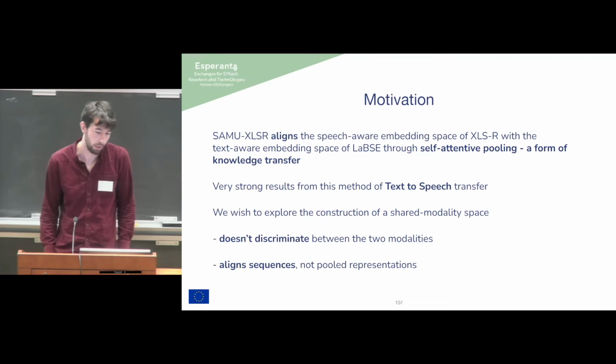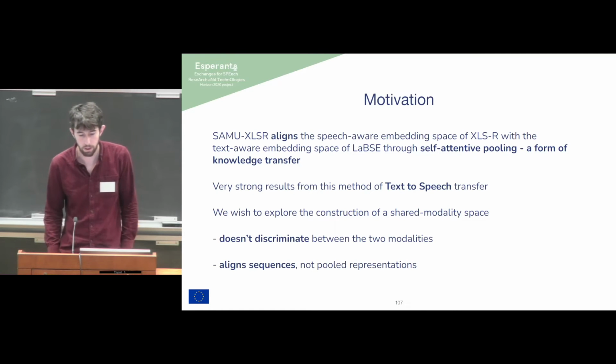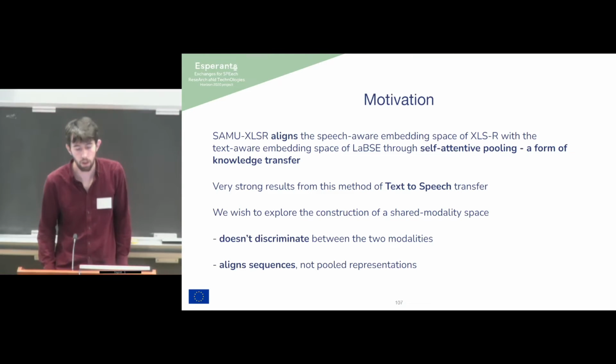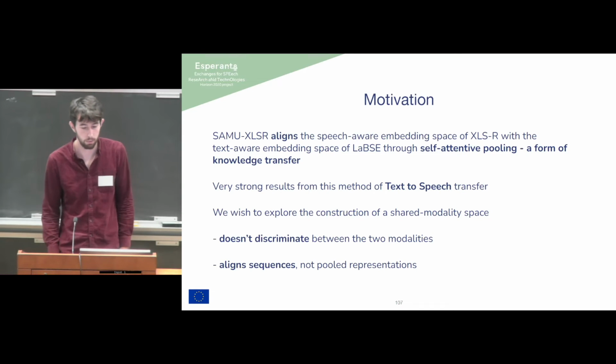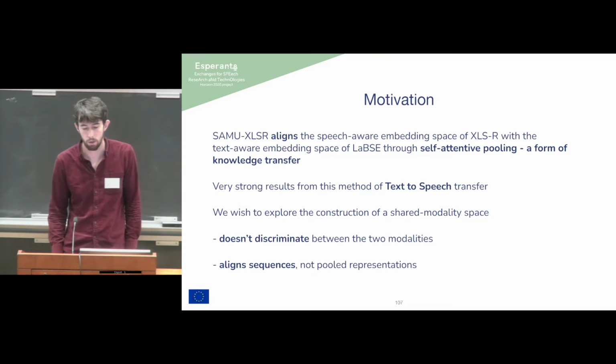So what was our motivation? Well, we were in the analysis group for Esperanto originally, and we were looking at language families and things like this. But one of the issues was that the alignment between speech and text, the shared space, if you like, was happening through self-attentive pooling. So you have a sequence of speech frames, you have a sequence of text frames, hidden representations, and you're trying to align these.